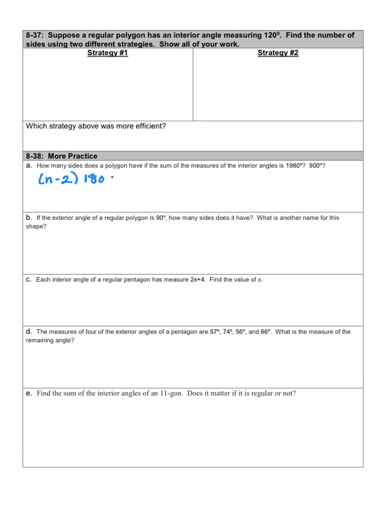And so in the first case, that sum is equal to 1,980 degrees. So we are just solving that equation. If I distribute the 180 through the parentheses, I have 180 times n minus 360 is equal to 1980. And if you continue solving that equation, you should find that n is equal to 13.